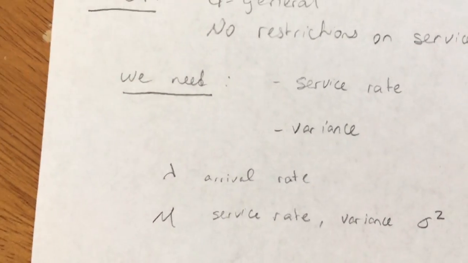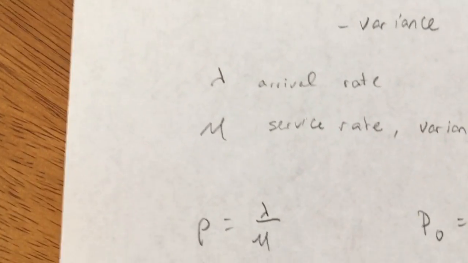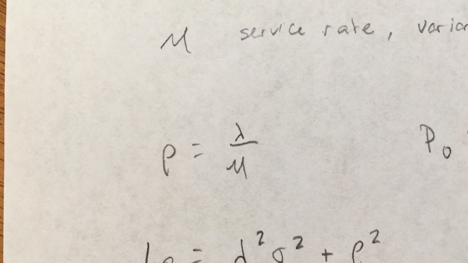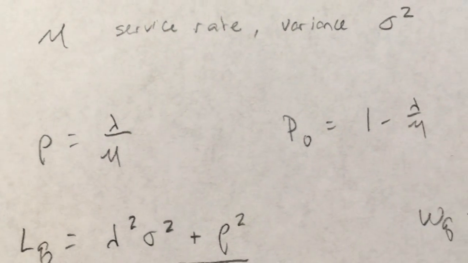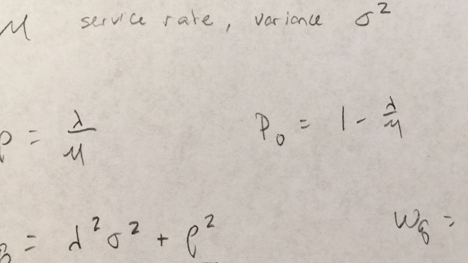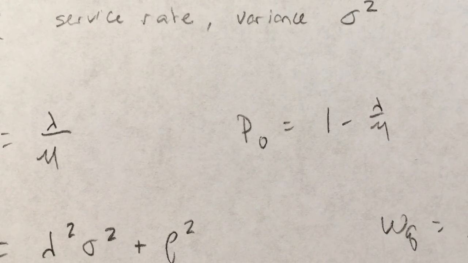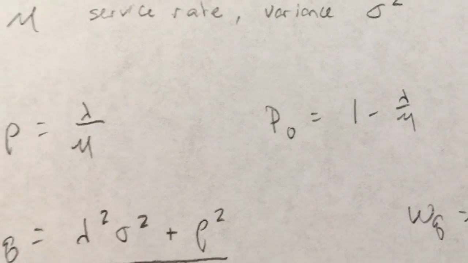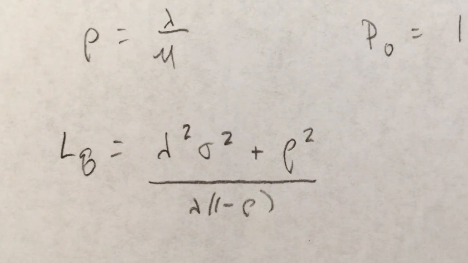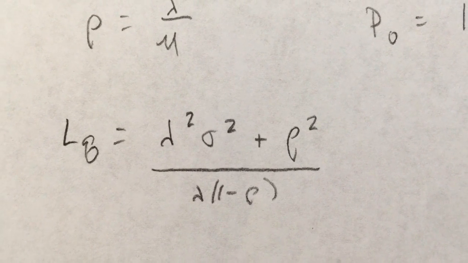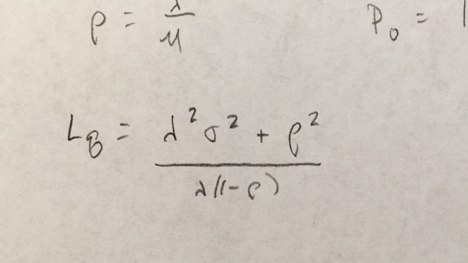Okay, so how do the equations work on this? Well, you still have your utilization rate of lambda over mu. That hasn't changed. And our P naught, our probability of being in state 0, is still 1 minus lambda over mu. But LQ is a little bit different. Now we are taking into account the variance as well. So LQ is the easiest one to figure out first.